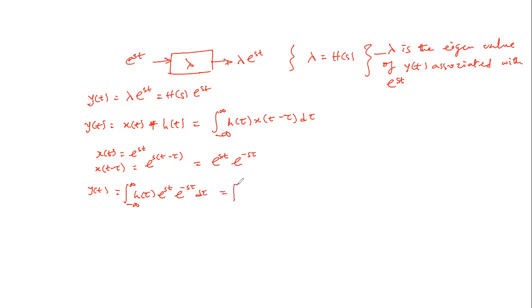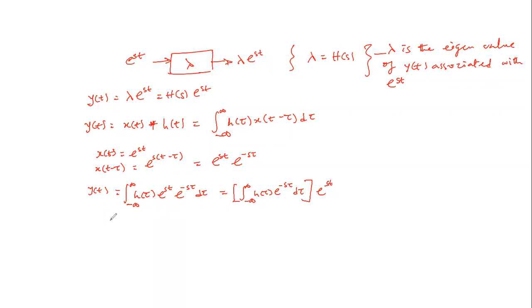And this therefore will give us the integral of h of tau e^(minus s tau) d tau, times e^(st).